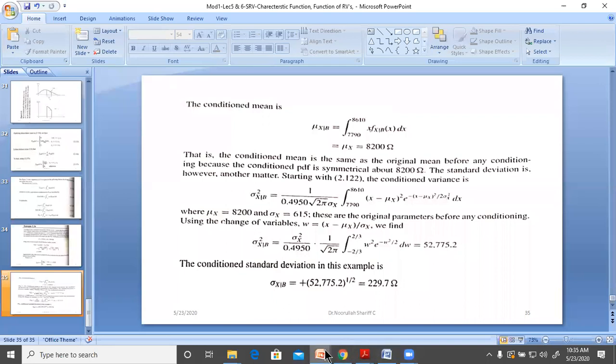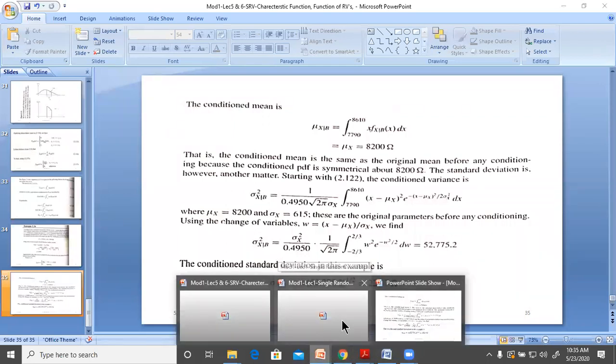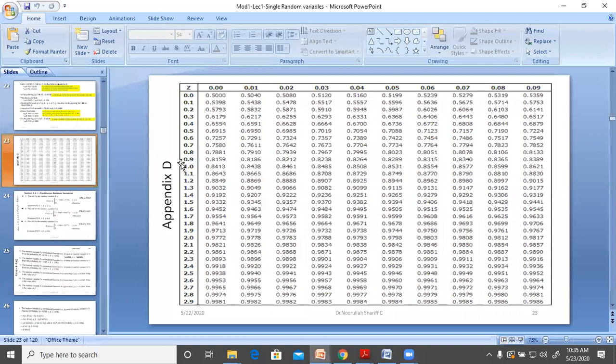That means we can go back to the table. So where is 0.666? It might be somewhere between these two.